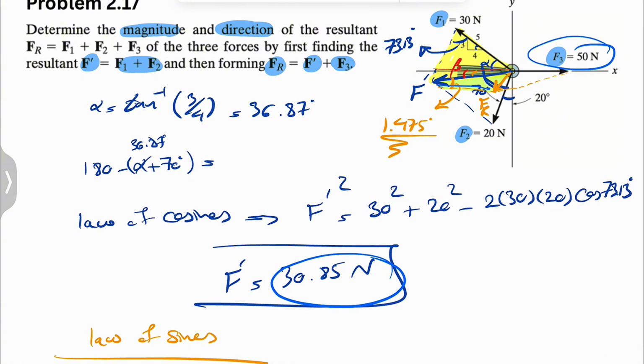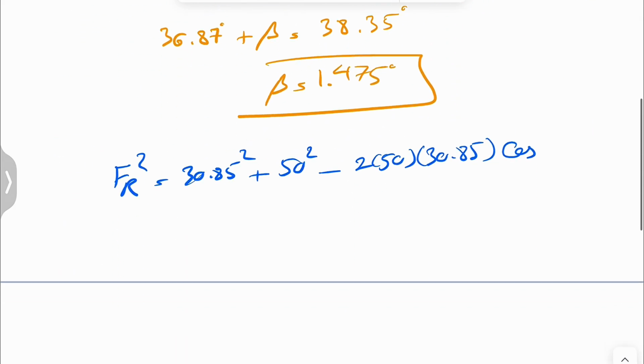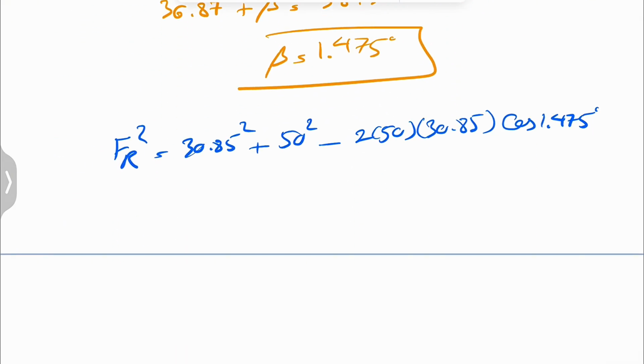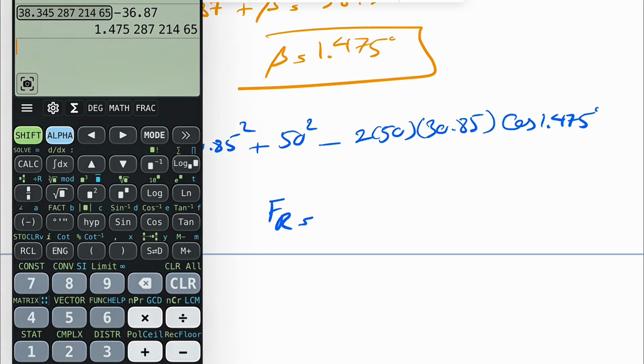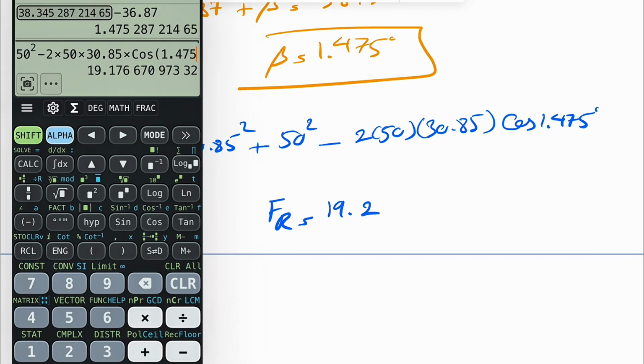So the angle is 1.475 degrees. This is going to give us the FR, basically the square root of that expression. So the FR is going to be 19.2 newtons.